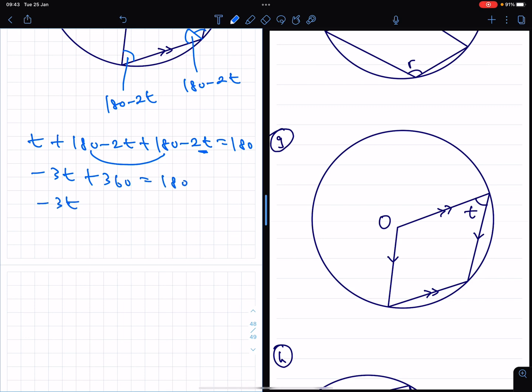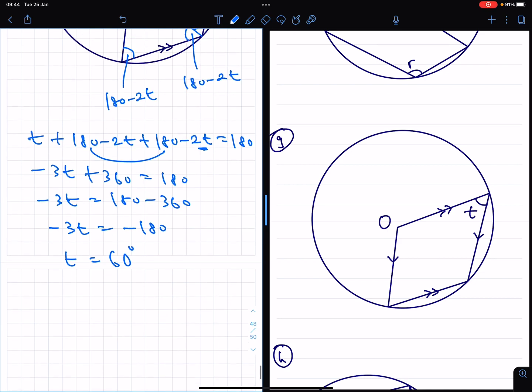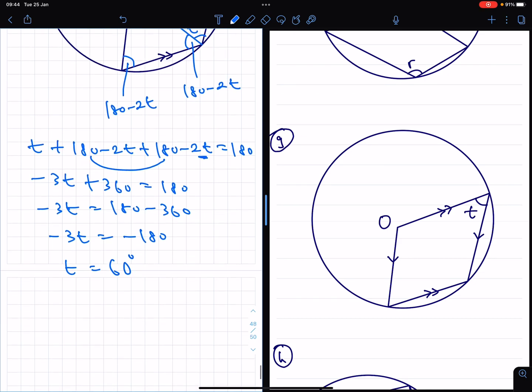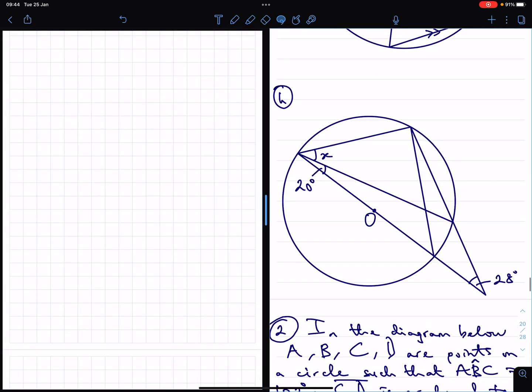And that means minus 3t equals 180 minus 360, which means minus 3t equals minus 180. If we divide both sides by minus 3, t will be 60 degrees. And that's t very, very simply. Straight we go to the next, which is H.